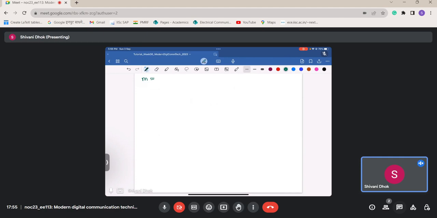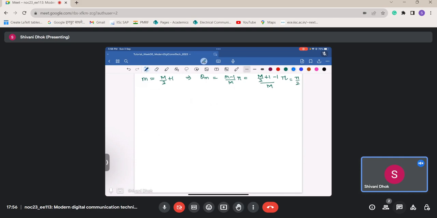So for the second basis, let us choose a particular m equal to M/2 plus 1, and for this my θ_m will be equal to (m minus 1)π/M. So this will be (M/2 plus 1 minus 1)π/M, and this comes out to be π/2.